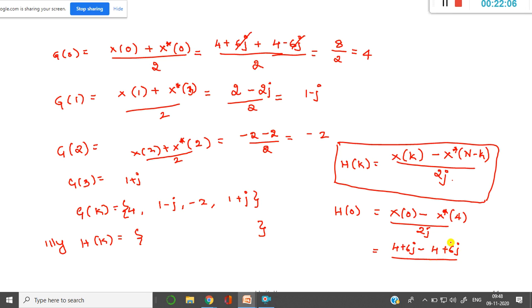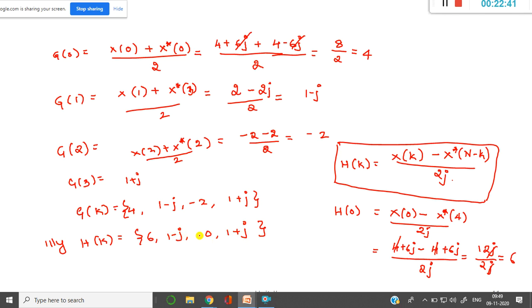So minus of minus becomes plus, right? Divided by 2j. So plus 4 and minus 4 cancel. So therefore it is 6 plus 6, 12j divided by 2j. So j and j once again cancel. So this comes to be 6, right? So the first value is 6, followed by, if you follow the same method, the second value as 1 minus j, third value as 0, and the final value as 1 plus j, right?